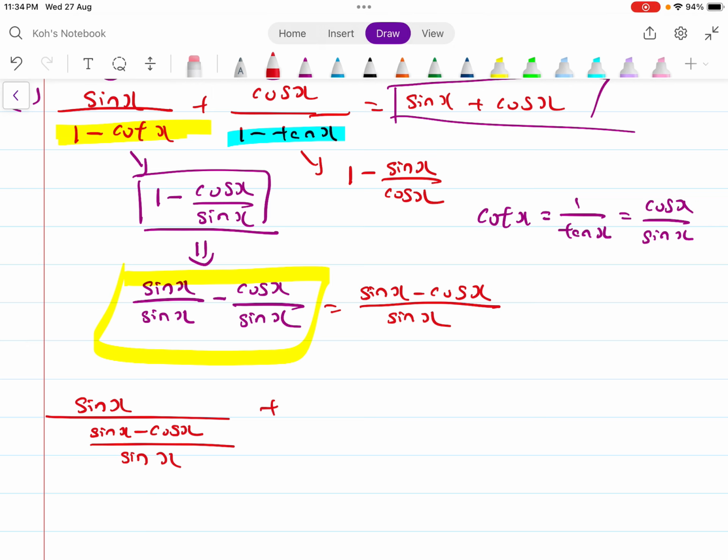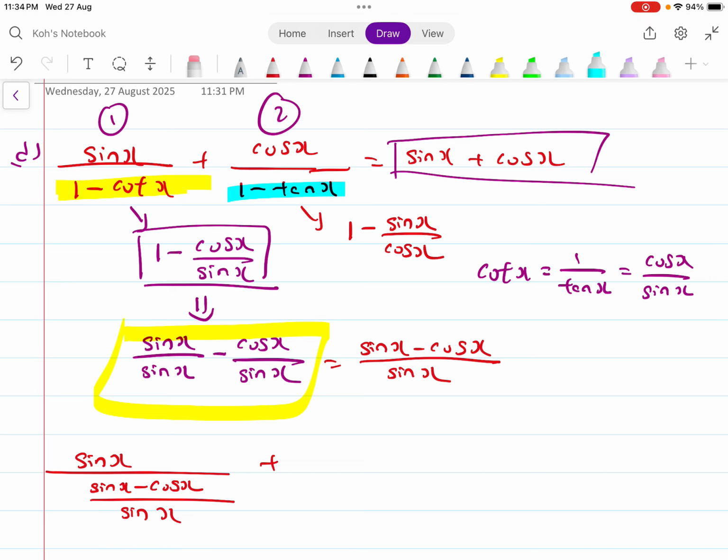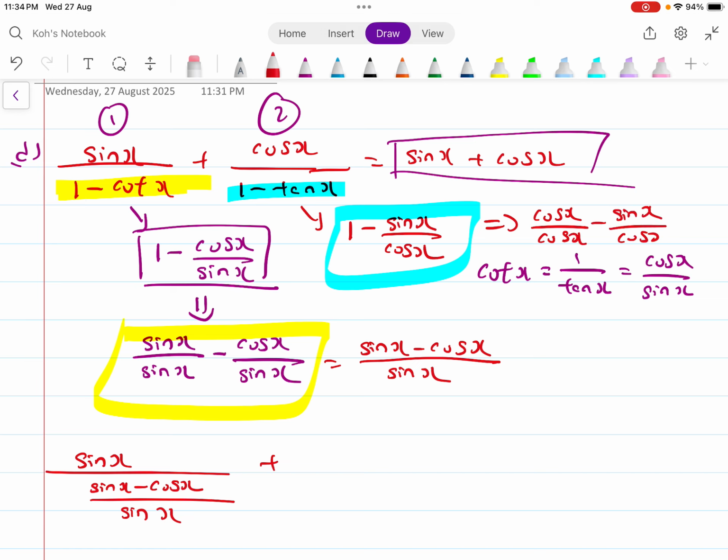What about the second one? The second one is here, and I already know it's 1 minus sine x over cosine x. Definitely I can make this into the same denominator as well, into one fraction. So it's cosine x over cosine x minus sine x over cosine x.